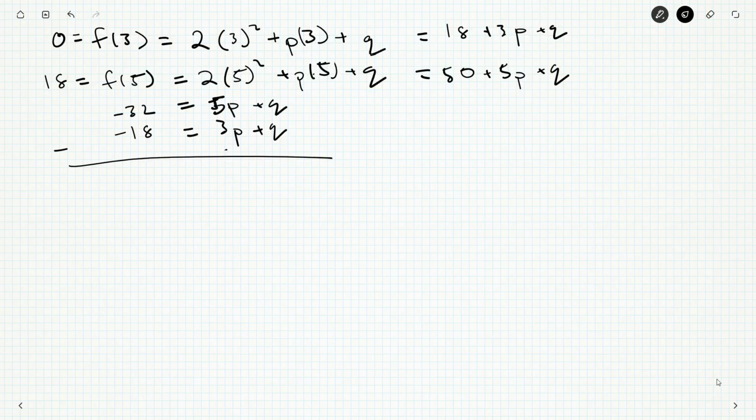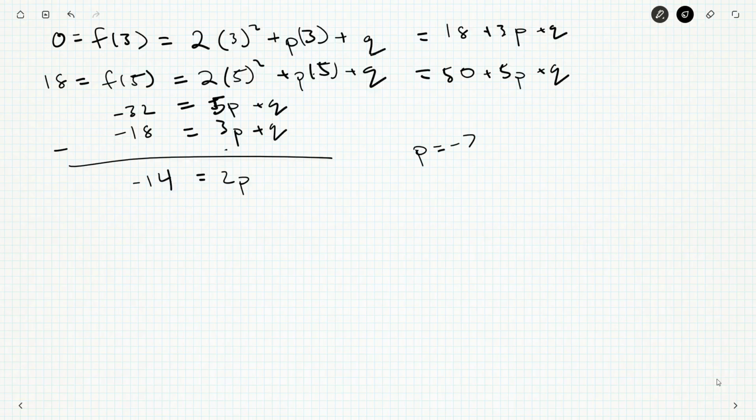I am going to subtract these two equations, just like I did in the last part. This gets rid of my q's, because q minus q is 0q. We're left with 2p here. Negative 32 minus negative 18, well, that's negative 32 plus 18. If you need to, of course, rearrange it on the side, confirm it for yourself. But we should get negative 14 here. So that tells me p is equal to negative 7.